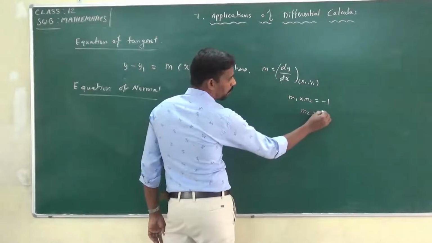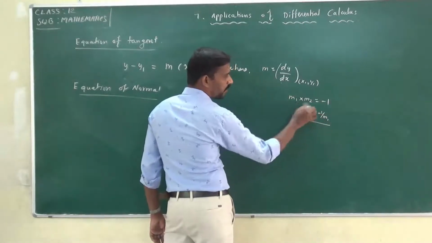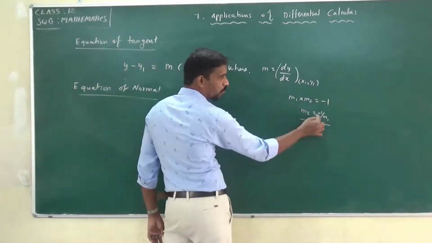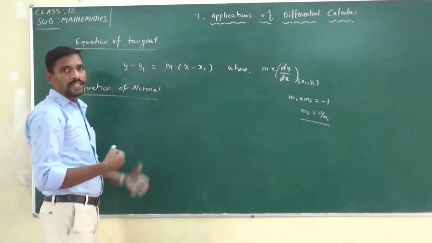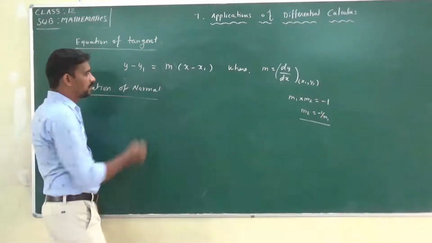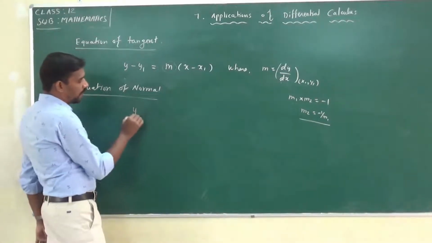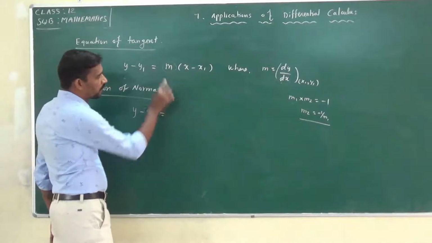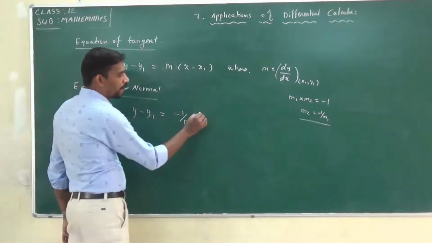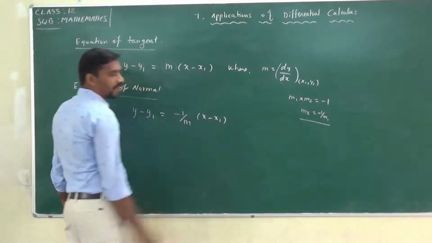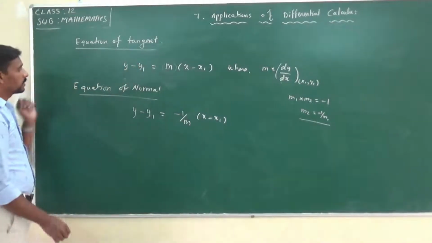So m1 into m2 is equal to minus 1, which means m2 is equal to minus 1 by m1. So instead of m, we take the reciprocal and multiply with minus, and we get the equation of normal, that is y minus y1 is equal to minus 1 divided by m into (x minus x1). So this is the second one.